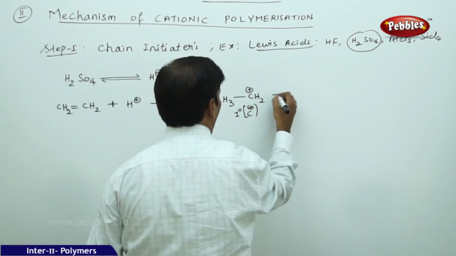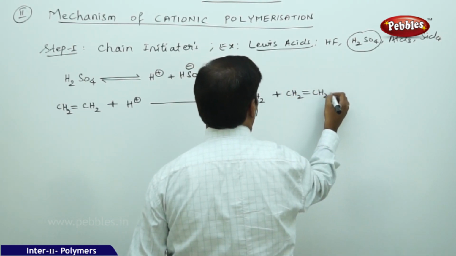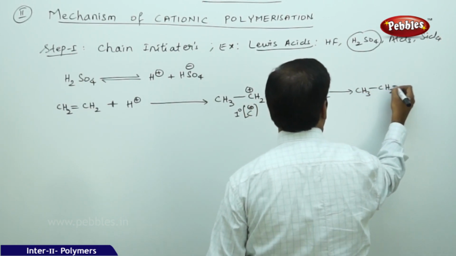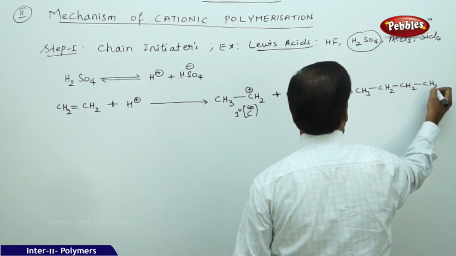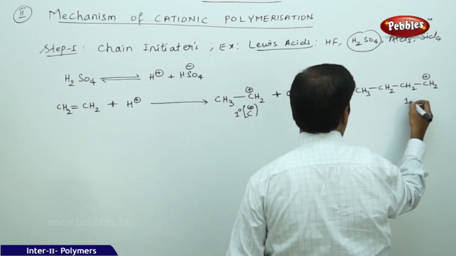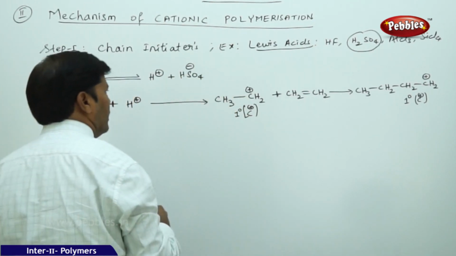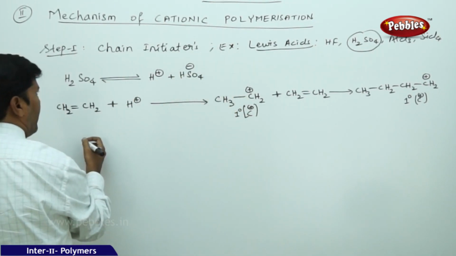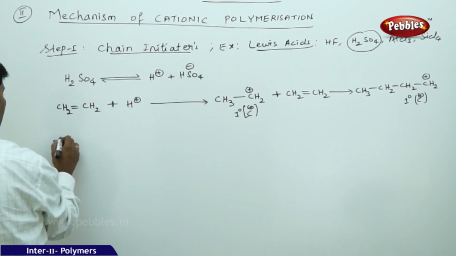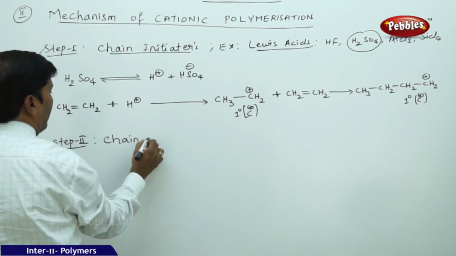Take this primary carbocation and add one more molecule of CH2=CH2. You get CH3-CH2-CH2-CH2+, still a primary carbocation, but the number of carbon atoms has increased in a straight chain pattern. All this comes under the chain initiators. Then you can go for chain propagation, step 2.